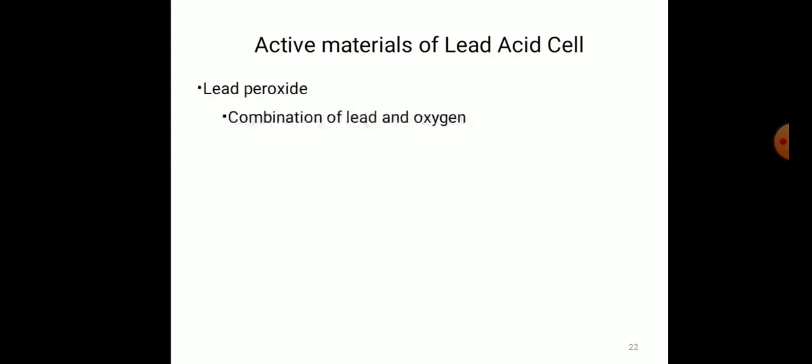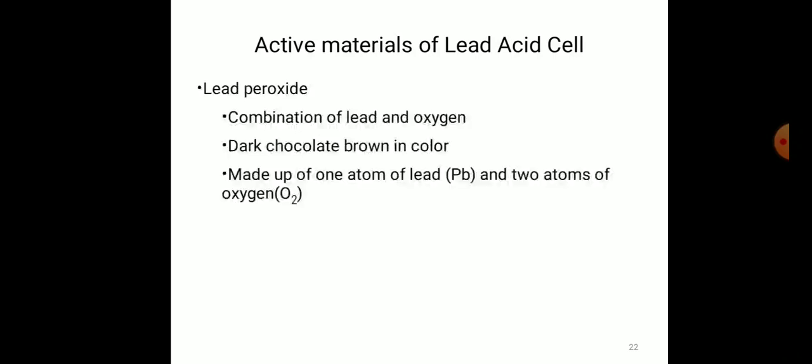Coming to the active materials of lead acid cells: lead peroxide, a combination of lead and oxygen, is called lead peroxide. It is dark chocolate brown in color and is made up of one atom of lead and two atoms of oxygen.